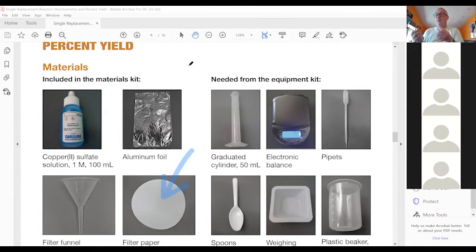In a real lab, you would just measure the mass of the filter paper plus your product. There you go. That's the mass of your product. That'll save you a step and a lot of anguish. So just measure the mass of your filter paper before, measure the mass of the filter paper after, and the difference will be the mass of your copper. It'll save you some headaches.